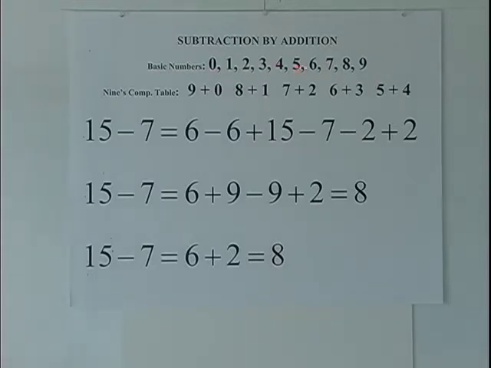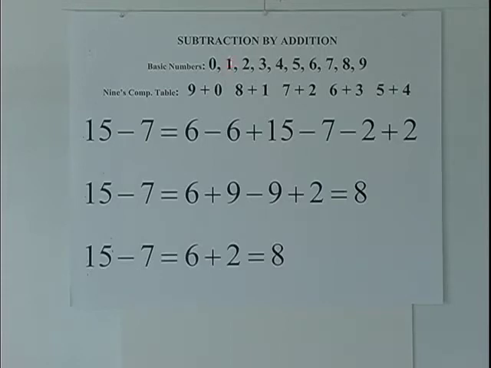The basic numbers have two numbers that have special properties. They are 0 and 1. The special property of 0 that we're going to have to use to develop our algorithm is, if I add 0 to a number, I get the same number. 0 plus 5 is 5.